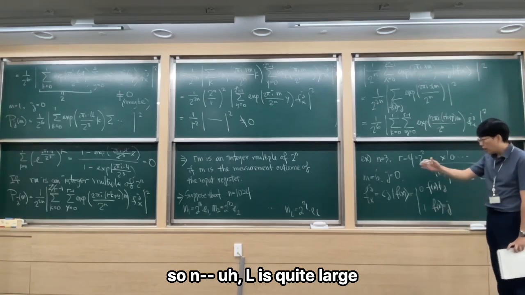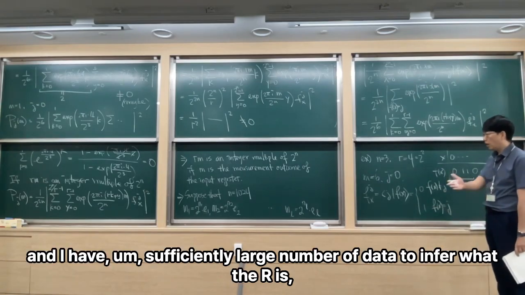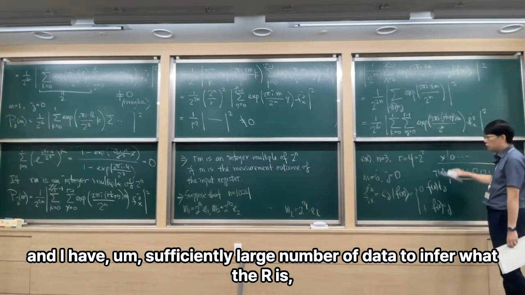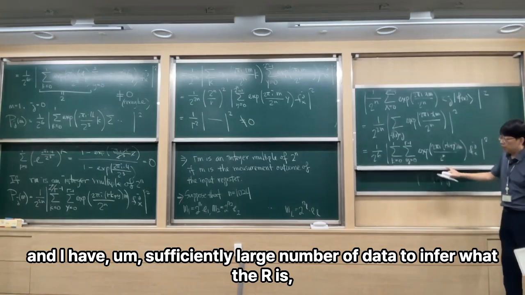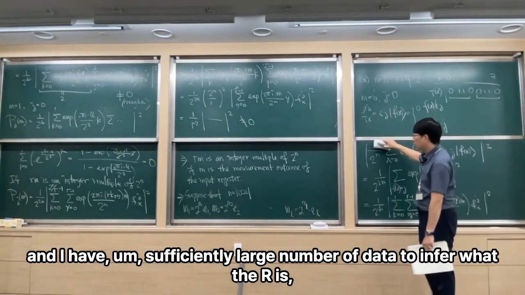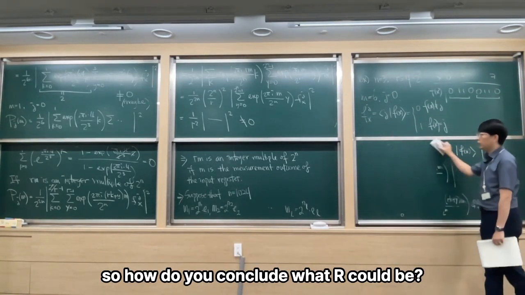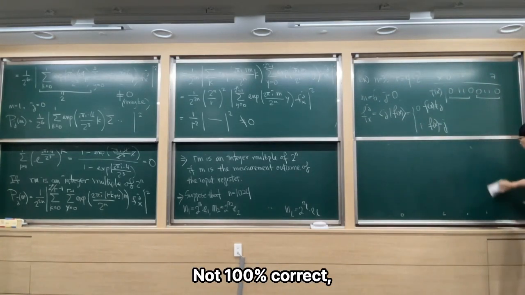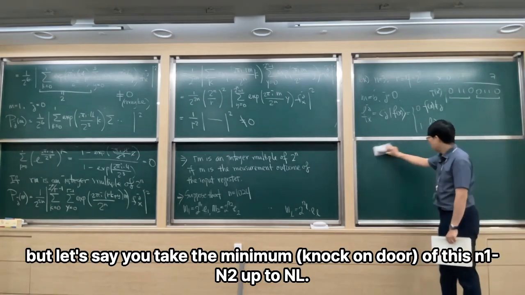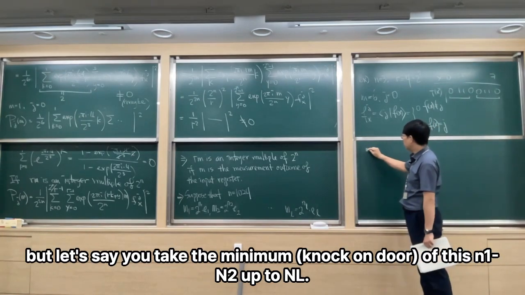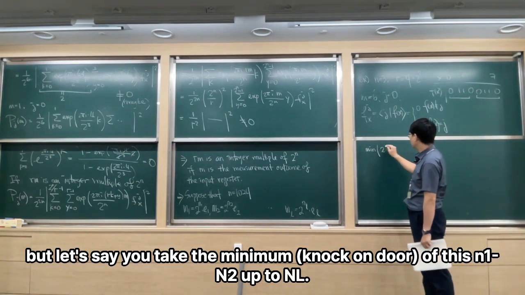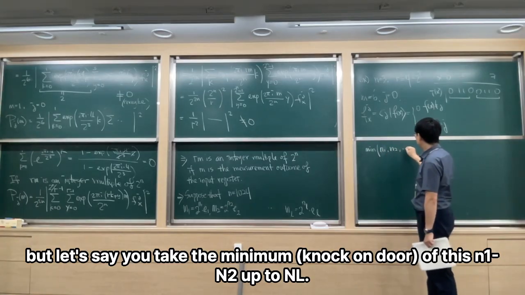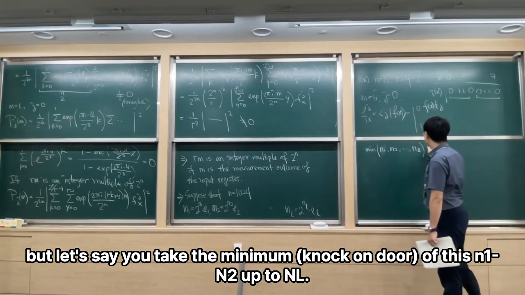So you can go forever, but let's say I did it sufficiently many times. So l is quite large, and I have a sufficiently large amount of data to infer what r is. So how do you conclude what r could be? It's not 100% correct, but let's say you take the minimum of n1, n2, up to nl.